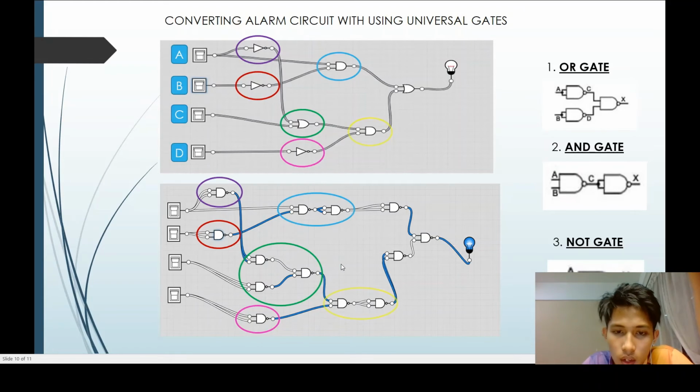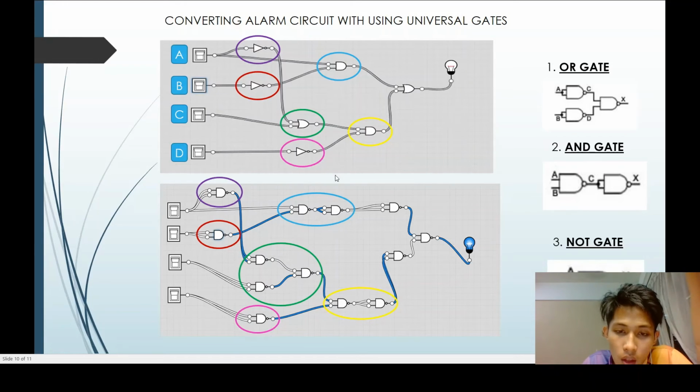And then the next one, the purple one, the blue one. The blue one is an AND gate. Also the yellow one is the same gate. So how do we convert it to the universal gate, which is the NAND gate? We use two NAND gates here, but the second NAND gate only uses one input, which is from the first NAND gate.